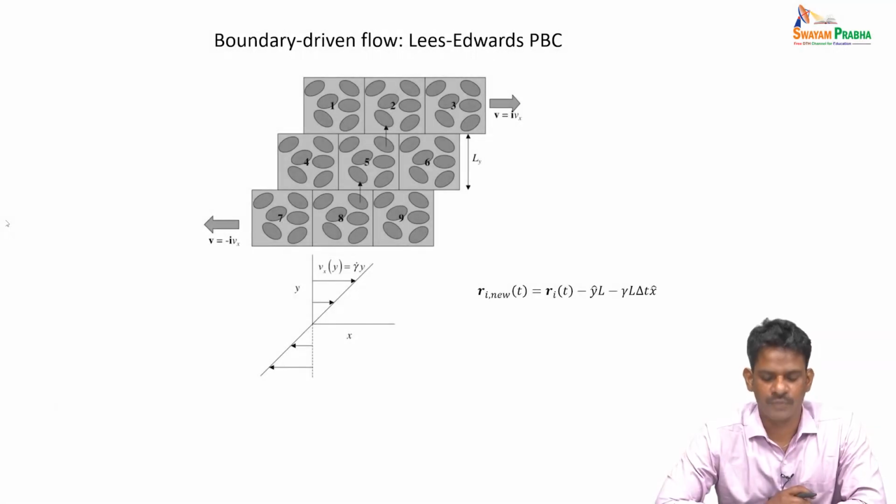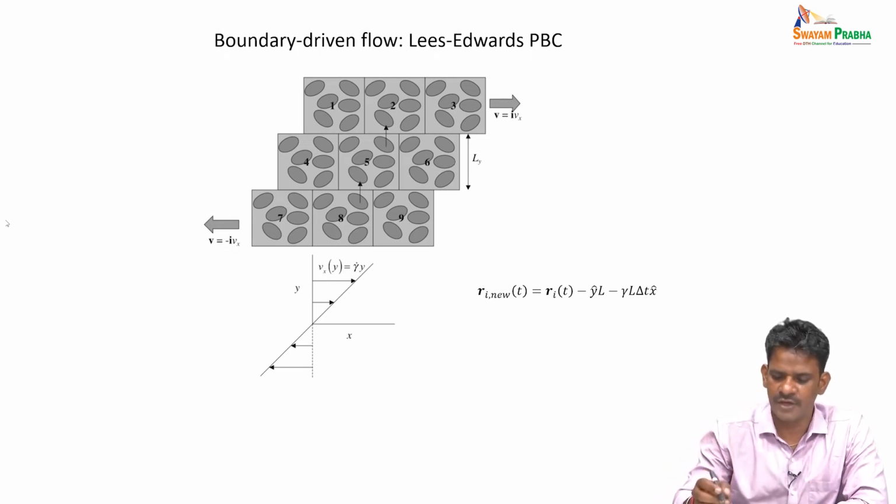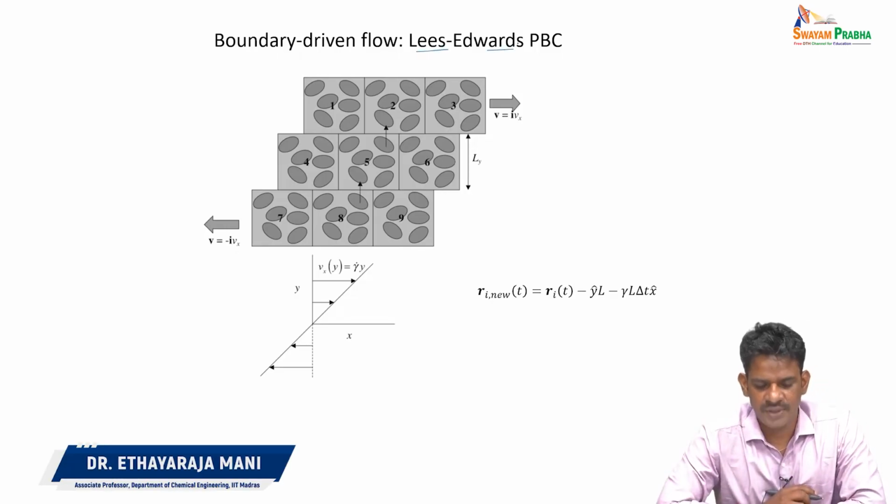So, if you look at the shear flow in MD simulations, simple planar shear flow, we discussed a method known as the Lees-Edwards method, which is basically a boundary driven flow.